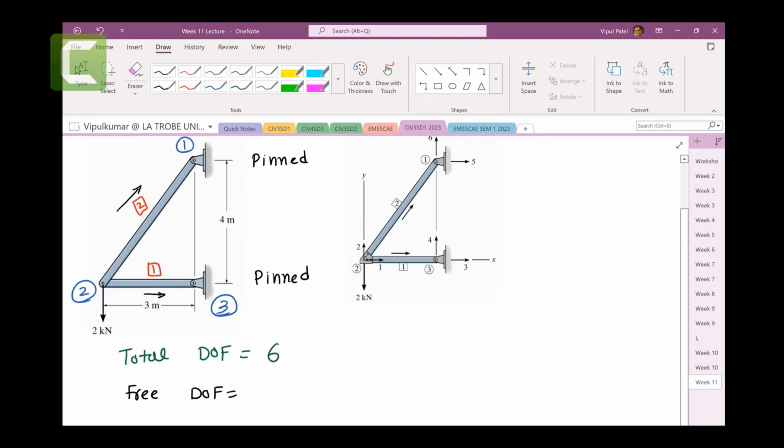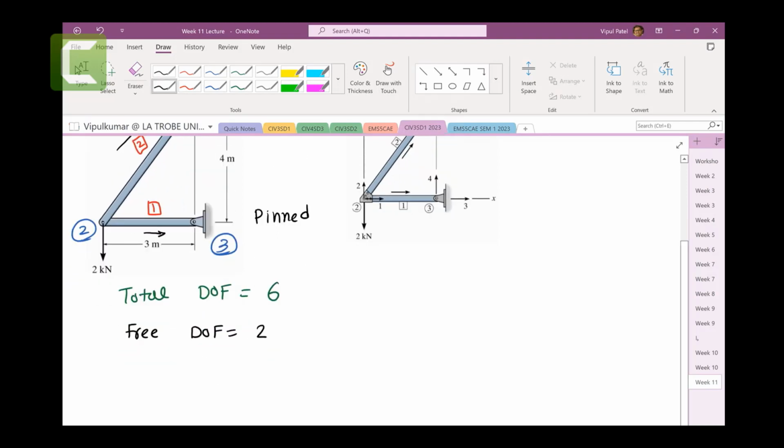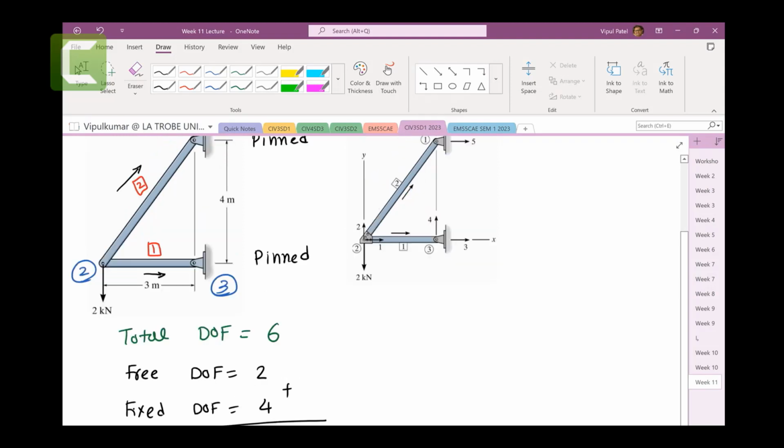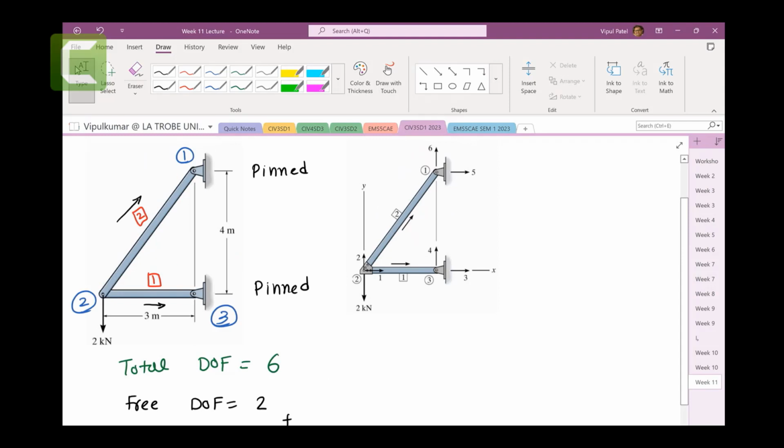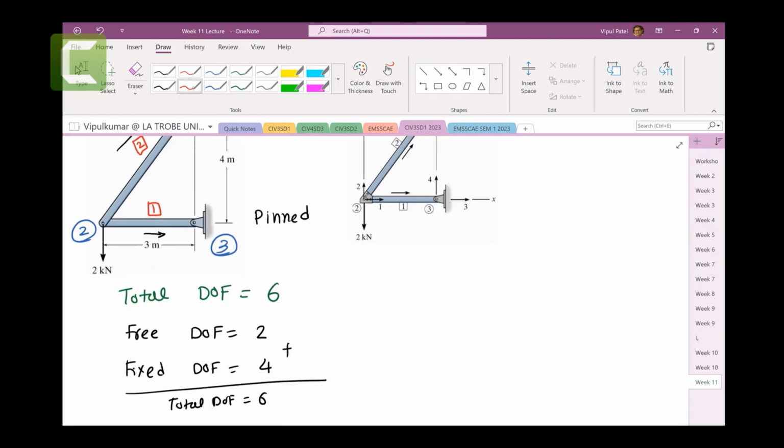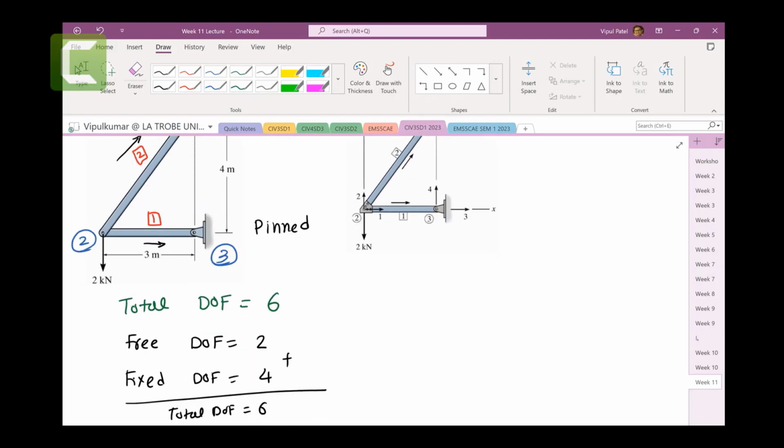You can say 1 and 2 are free. There are a total of 2 free degrees of freedom, and a total of 4 fixed degrees of freedom. If I add them, the total becomes 6, because this point, which is pin number 1, cannot go left or right. Number 3 as well. So our intention is to start with the free ones: 1 and 2 would be free, and 3, 4, 5, and 6 would be fixed.